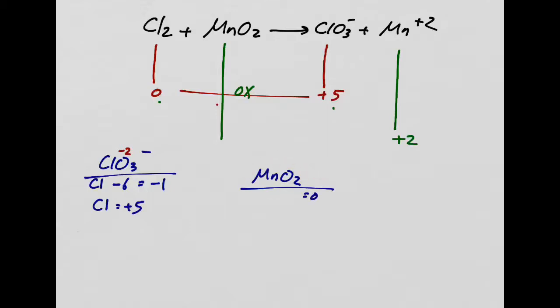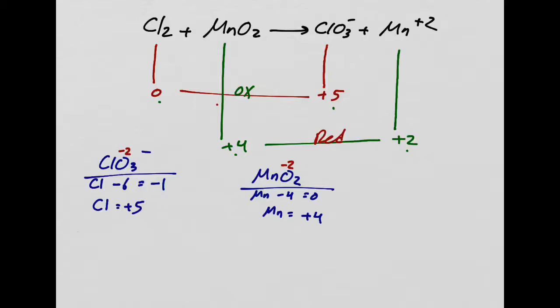Don't get fancy on me. Don't try to put a charge. Now, oxygen is always -2 times 2. It would be -4. So what would be the charge of Mn? +4. So here's +4 going to +2. What happened? It got more negative, right? So that means what am I? That means I am reduction.